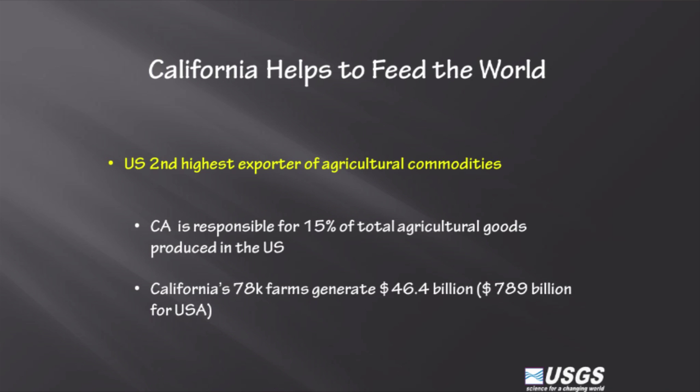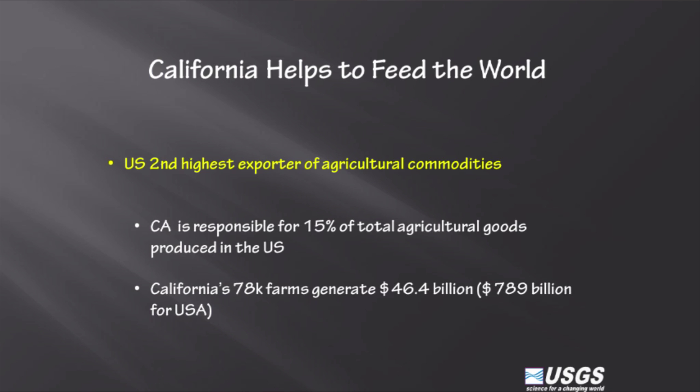Many of you probably know that the United States is the second greatest producer of commodities in the world in agriculture. And of the 12 top most produced vegetables in the world, the United States is in the top 5 for producing 7 of those vegetables. California alone produces 15% of the total production of agricultural goods in the United States.